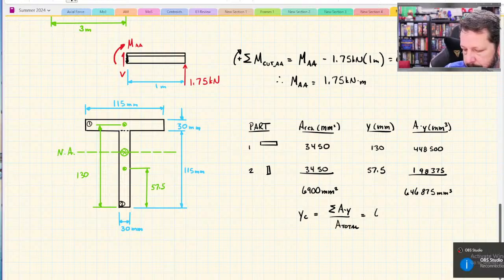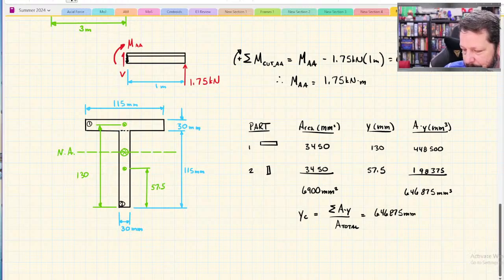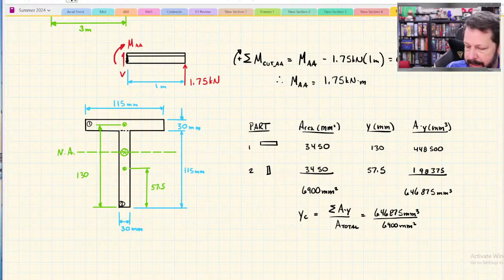So that is 646,875 millimeters cubed over 6,900 millimeters squared. So the units are going to give us just millimeters. 93.75.